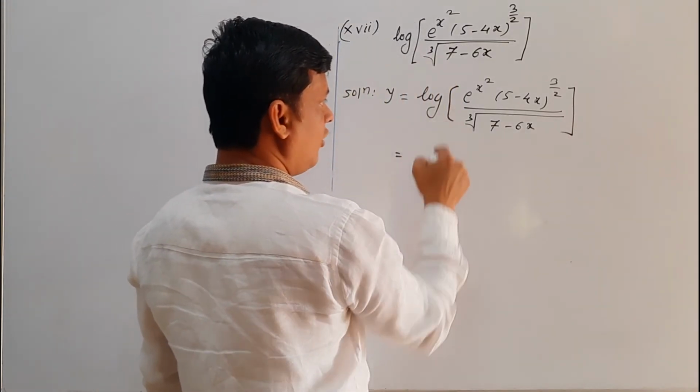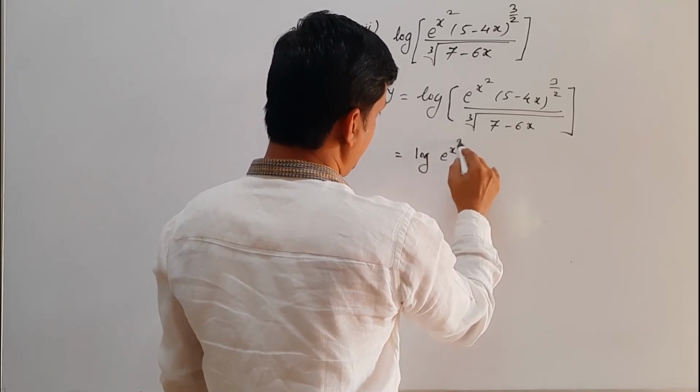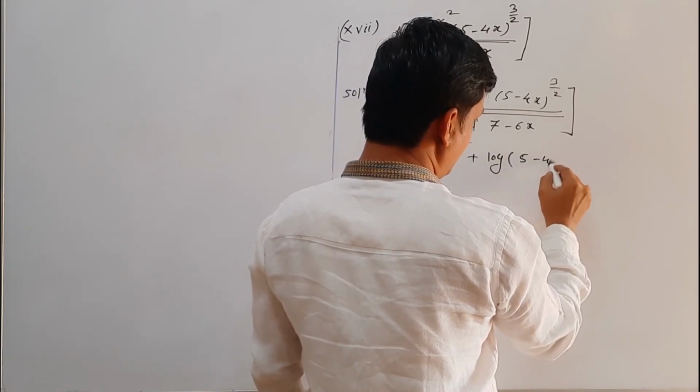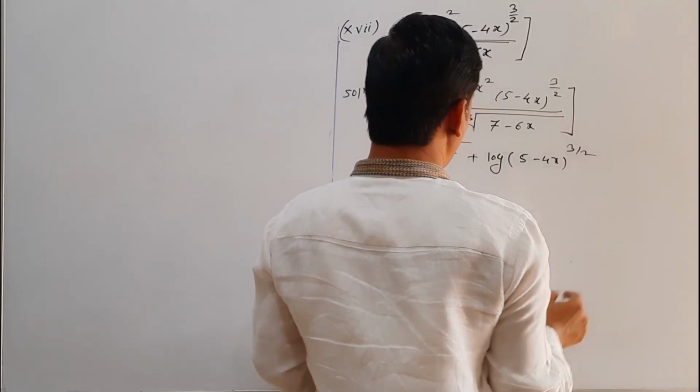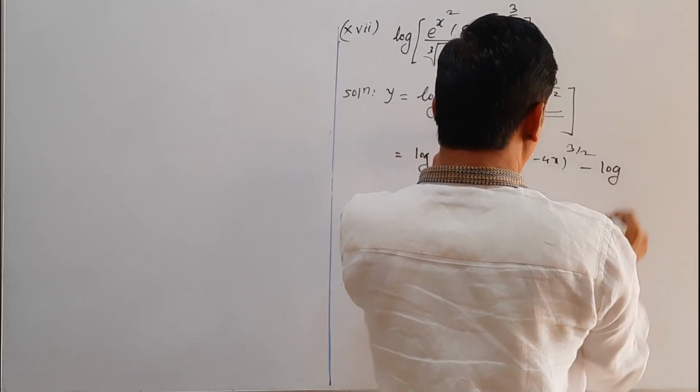So we have to apply log property here. So first we write here log of e raised to the power x square plus log of 5 minus 4x raised to the power 3 by 2. Then this quantity in denominator. So we write minus log of.